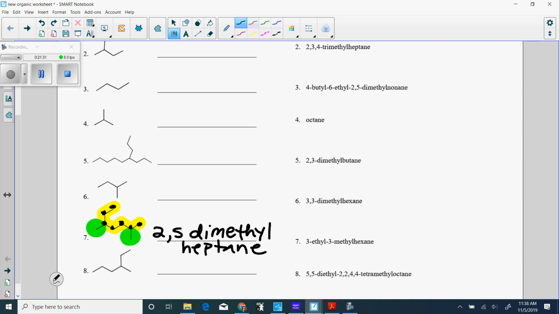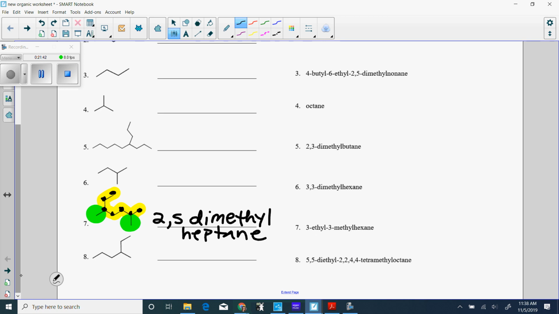Okay, now with your battle buddy, draw number 7. 3-ethyl-3-methylhexane.